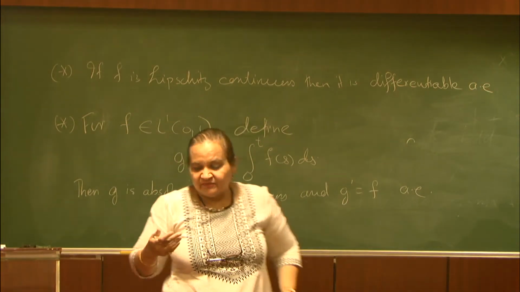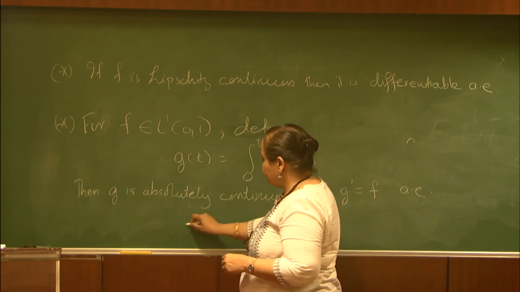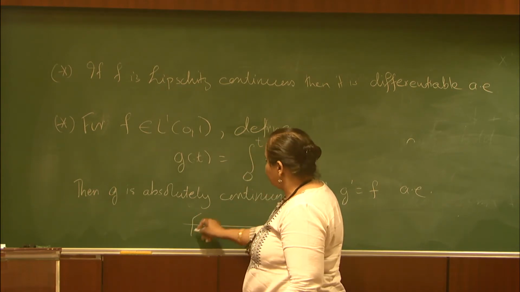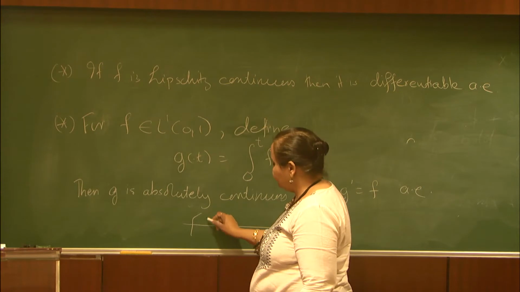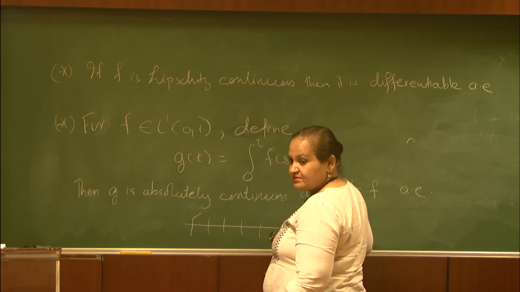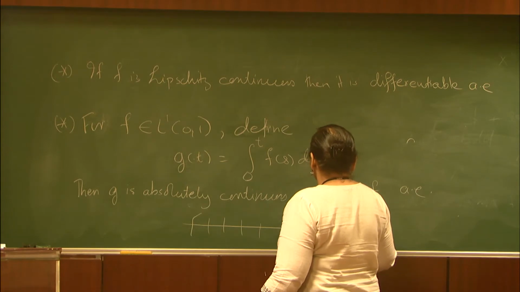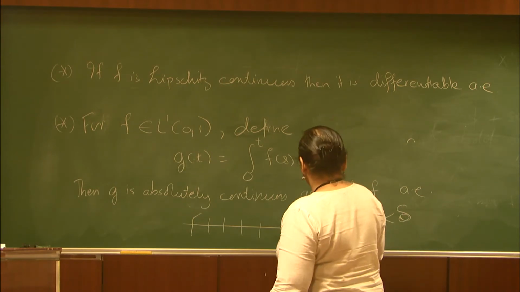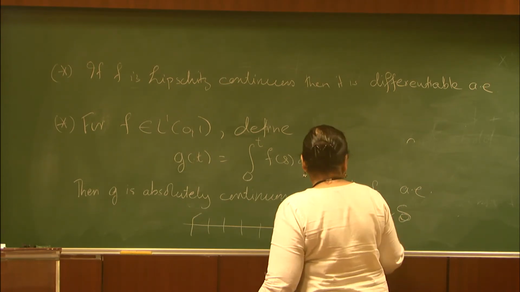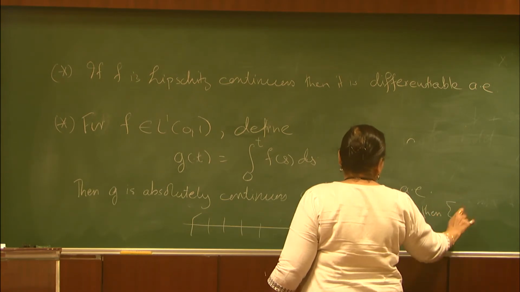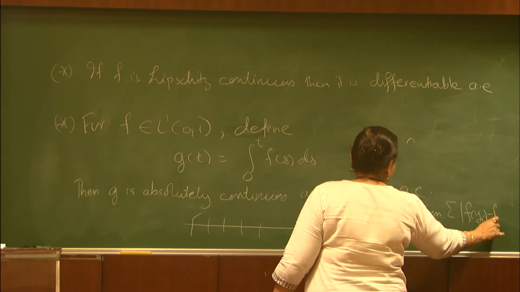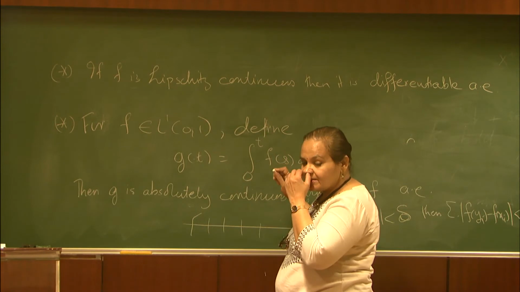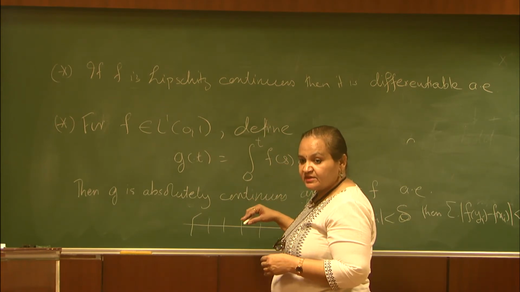But when you do so much measure theory, absolute continuity means that if you have a finite set of intervals such that the summation of mod of y_i minus x_i is less than delta, then the summation of mod of f(y_i) minus f(x_i) is less than epsilon. And that is what it means to say that the function is absolutely continuous.